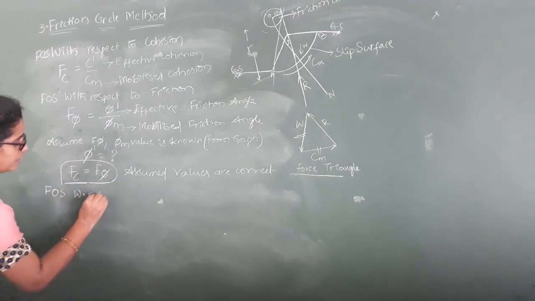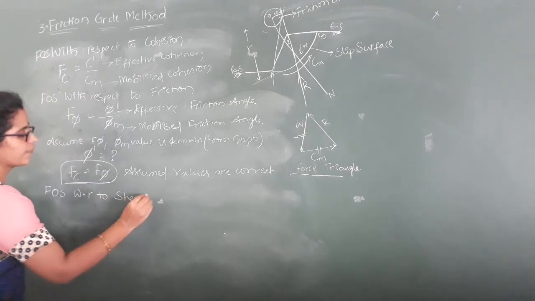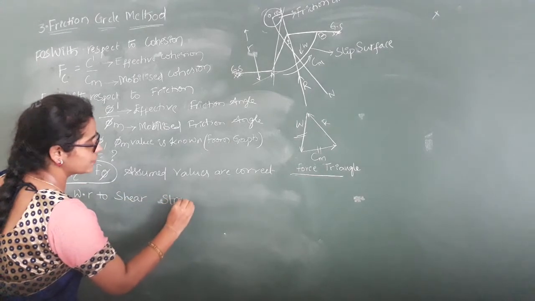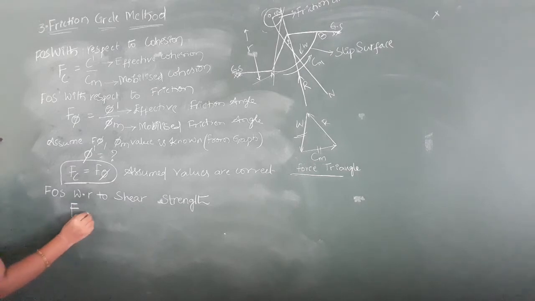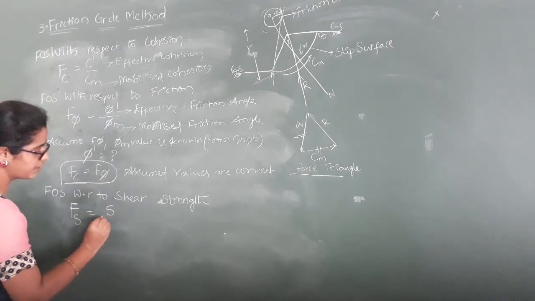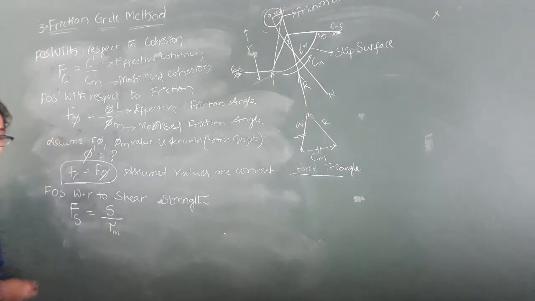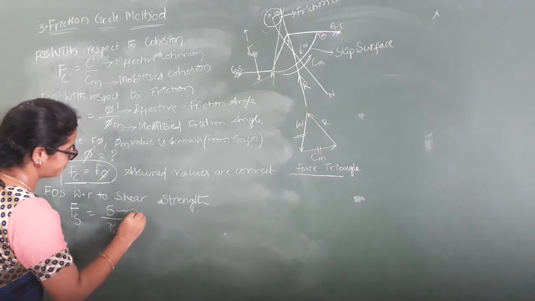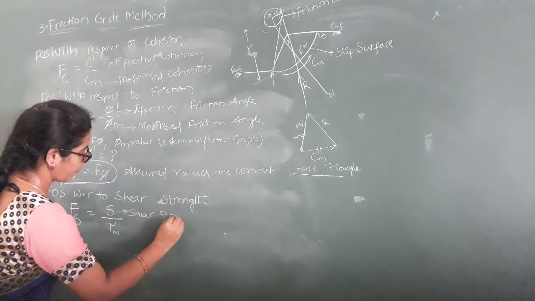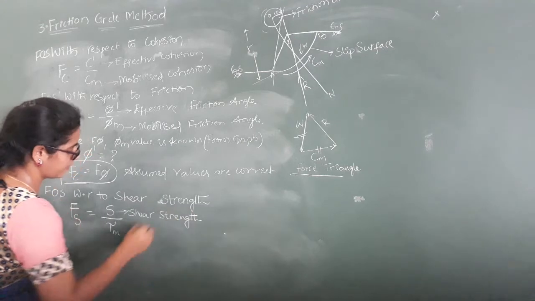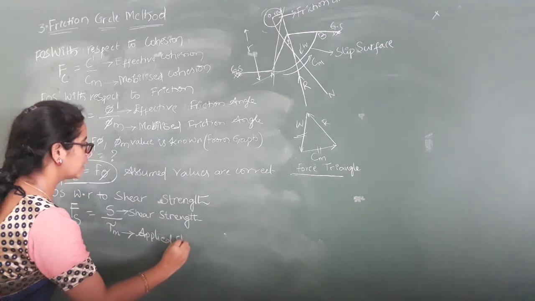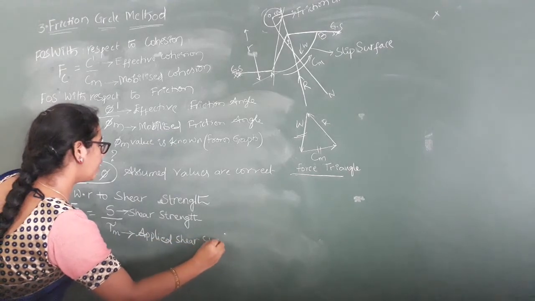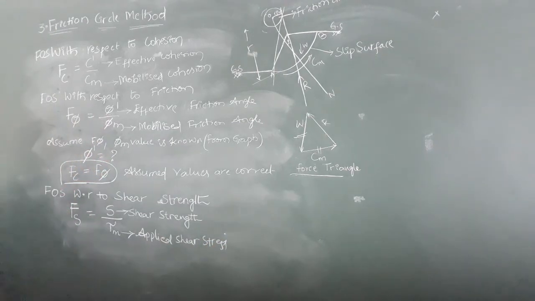These formulae were discussed already. Factor of safety with respect to shear strength, Fs, is equal to shear strength by mobilized shear strength, or the applied shear stress, or mobilized shear stress. So it can be written like this.